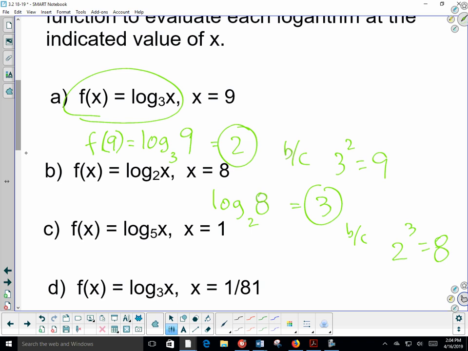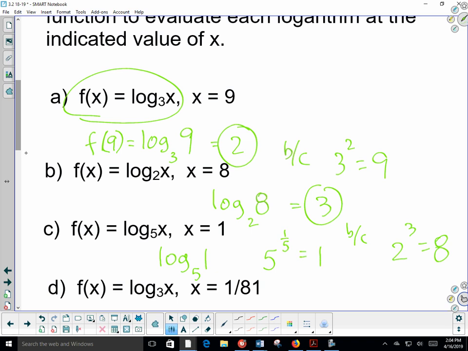What about this one? Log to the base 5 of x when x is equal to 1. What's log to the base 5 of 1 going to equal? Nathan, can you help me out with that? Is 5 to the 1/5 equal to 1?